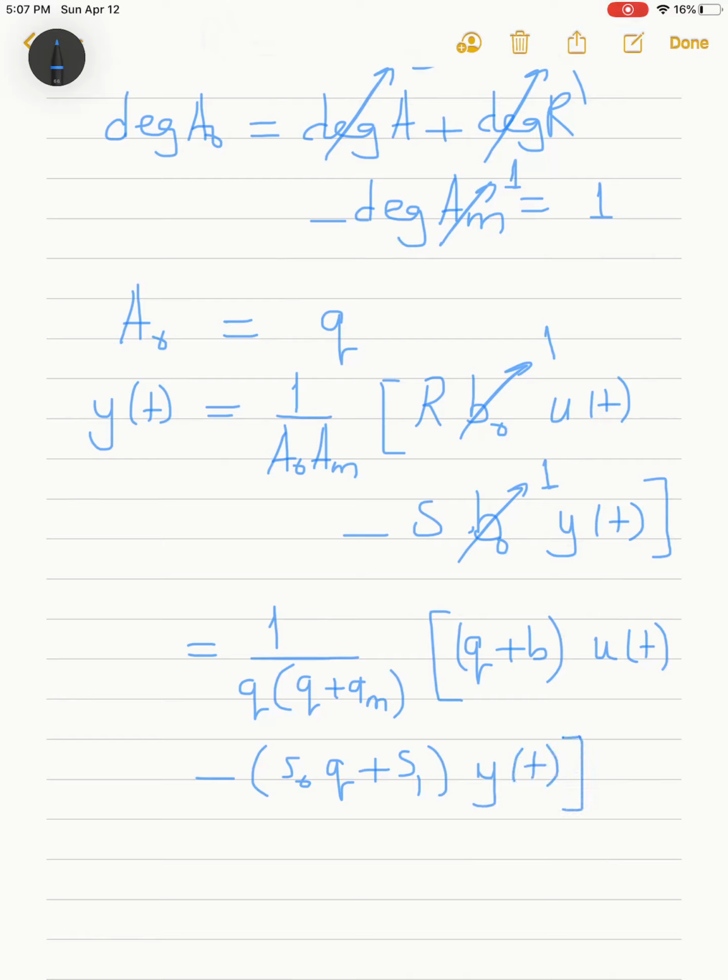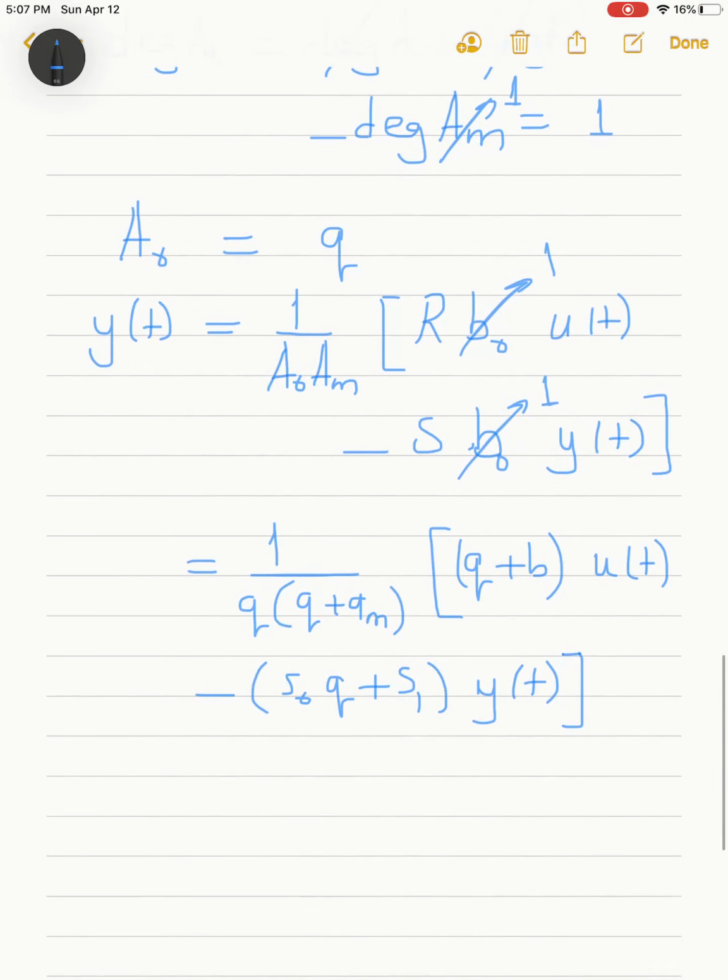Now the point here is to rewrite this equation in terms of the backward shift operator q to the minus 1. So we just look at the degree of the product A node times Am. You'll find it second degree. So I'm going to multiply up and down by q to the minus 2.